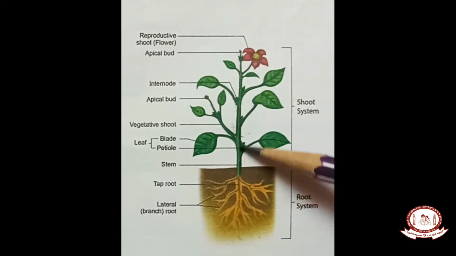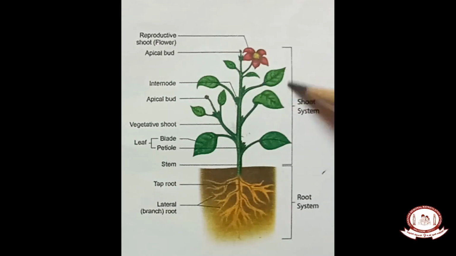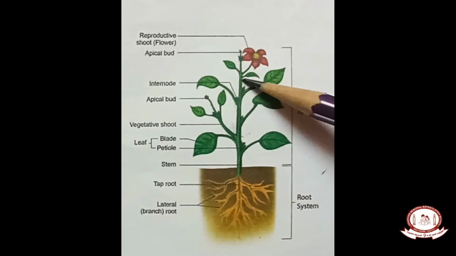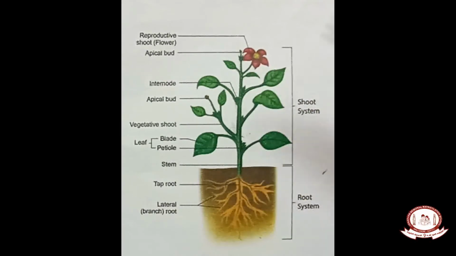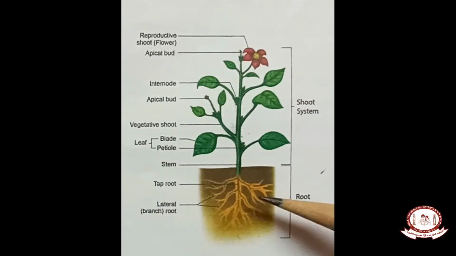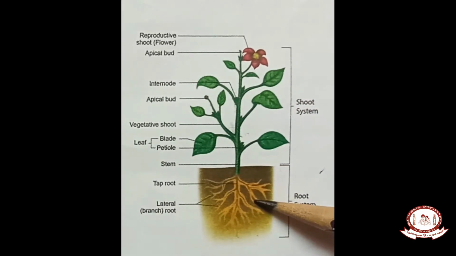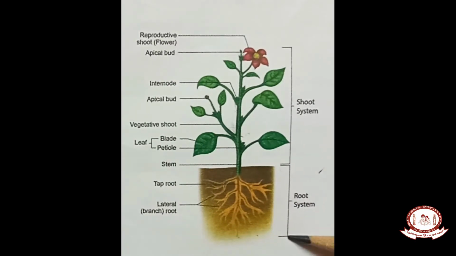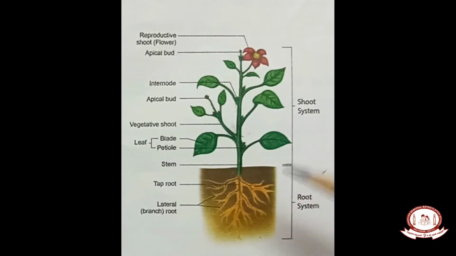So it will be carried through the stem to all the parts of the plant. Understood? There are two types of root system, that is taproot system and fibrous root system, that we will study in the next topic.